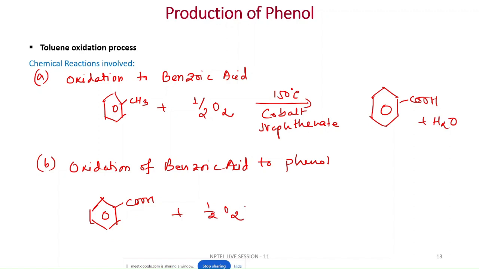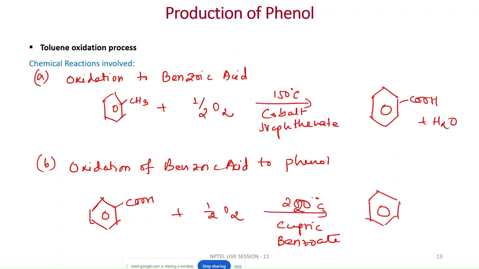It is going for oxidation in the presence of cupric benzoate as a catalyst at 220 degrees Celsius, and we get phenol. And carbon dioxide is also produced. So these are the simple chemical reactions involved.